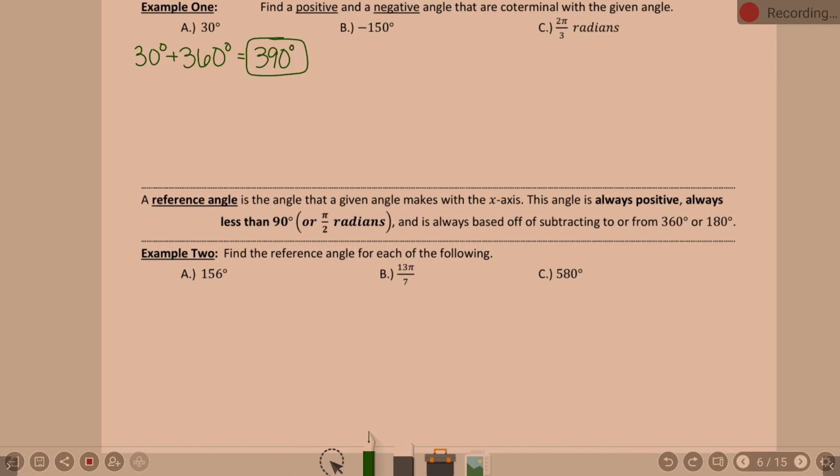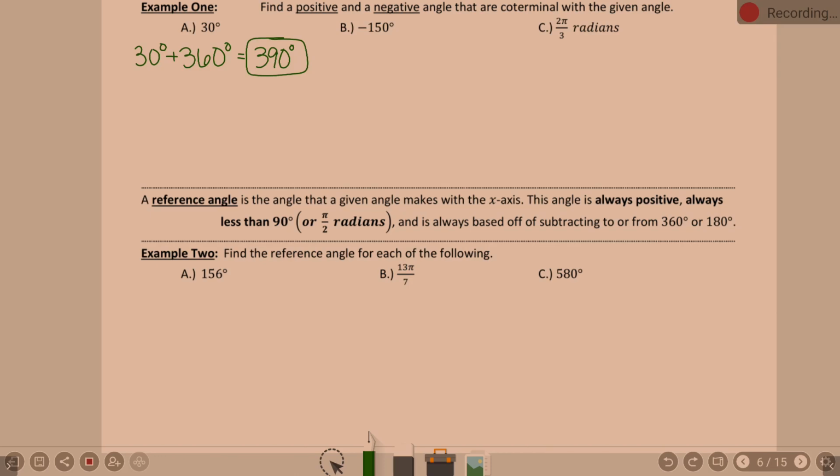We also need a negative angle. Subtract 360. Here's the deal. These angles are 360 degrees apart, whether you're going in the positive direction or the negative direction. So if you do 390 minus 360, you're back at 30.